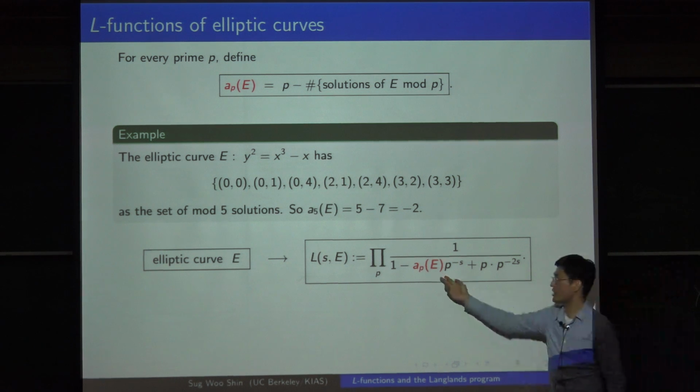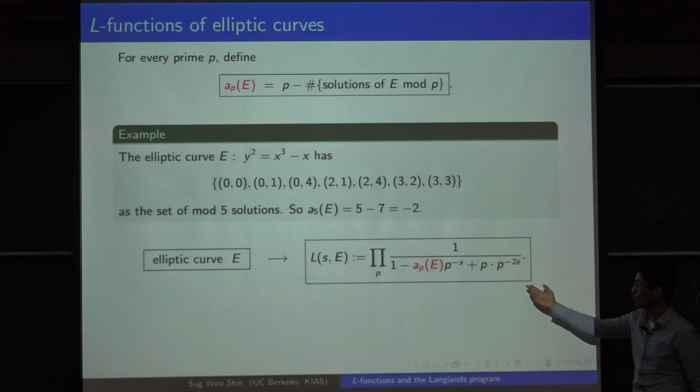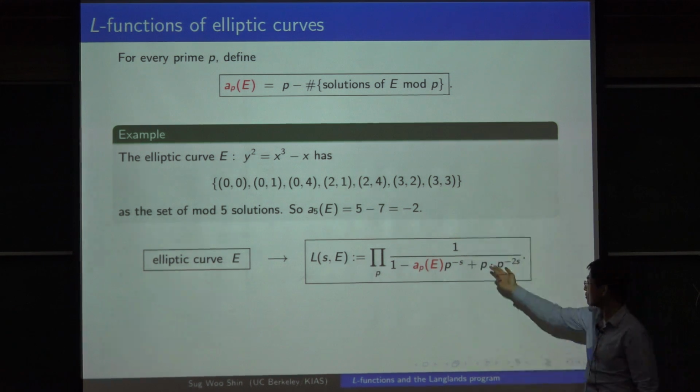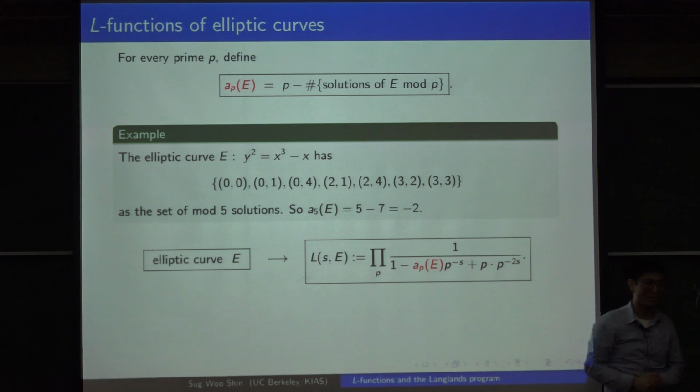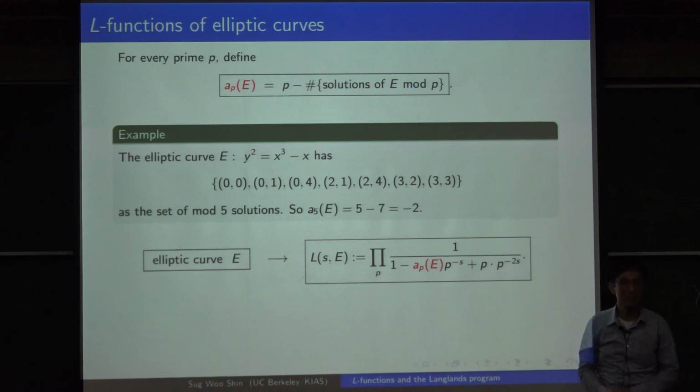Using these numbers as coefficients, you form an infinite product where still you have some numerator that is always simple, but the denominator is now a quadratic polynomial in the variable p to the negative s. That's something you have seen also in Artin's definition.